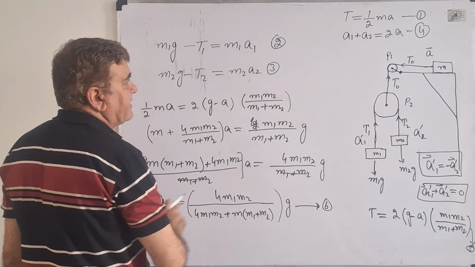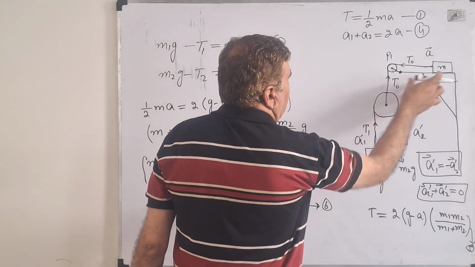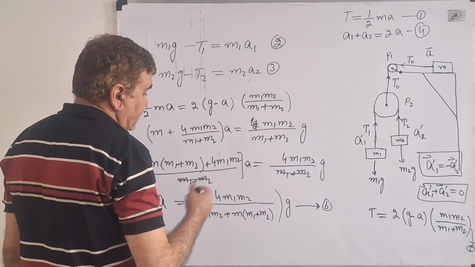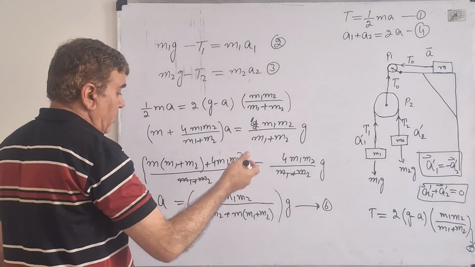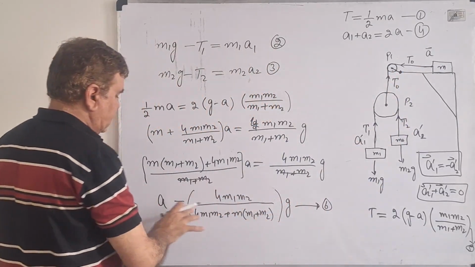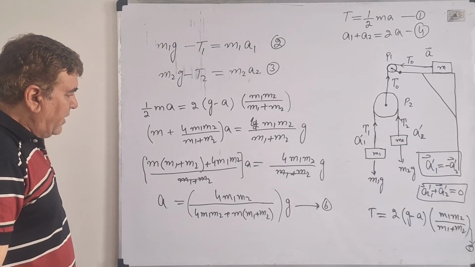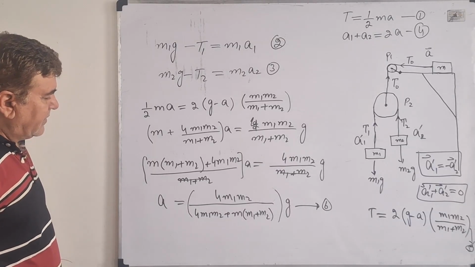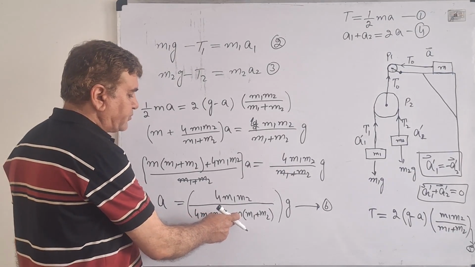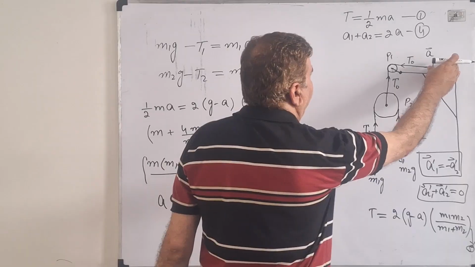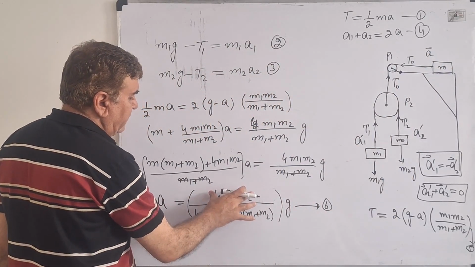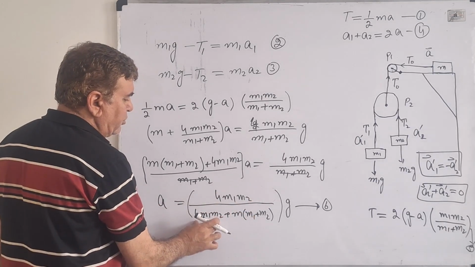This equation defines the acceleration A of this mass or of this pulley, and it is in terms of the already known quantities, that is m1, m2, m, and g. So this is a very good equation. Now let us analyze it. If we set m equal to 0, that is, there is no mass at this position, then the numerator is exactly equal to the denominator.